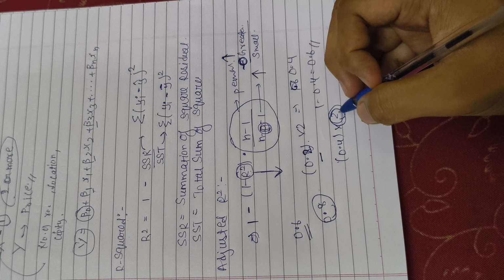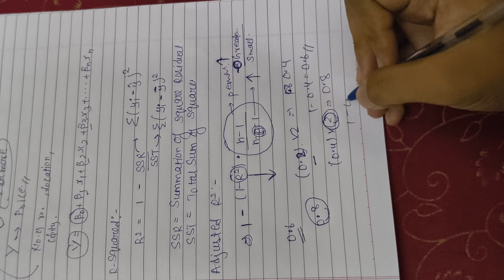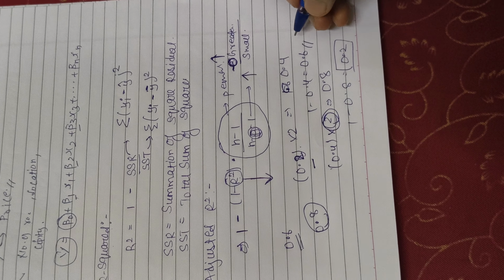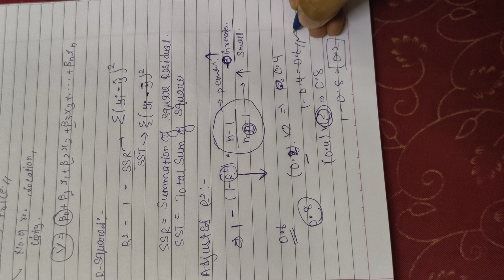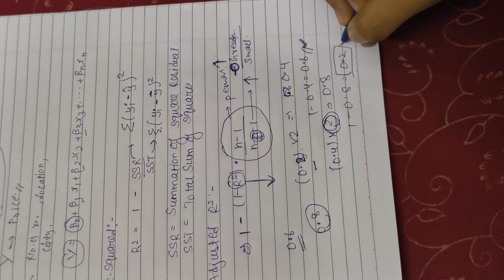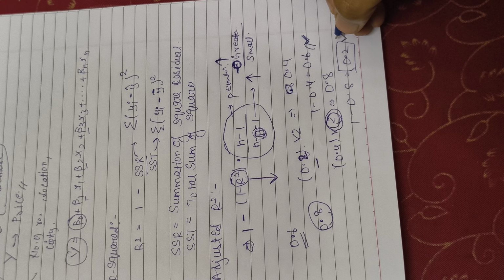Okay, so what will happen now? The value will be 0.8. So 0.8, it means 1 minus 0.8, that is 0.2. So we can see that on adding a useful feature, our adjusted R square value is increasing, and on adding a useless feature, our adjusted R square value is decreasing.